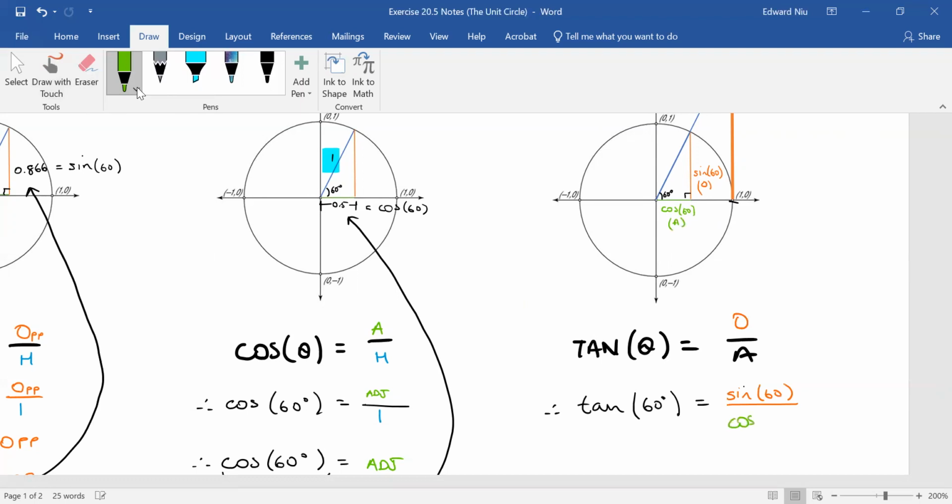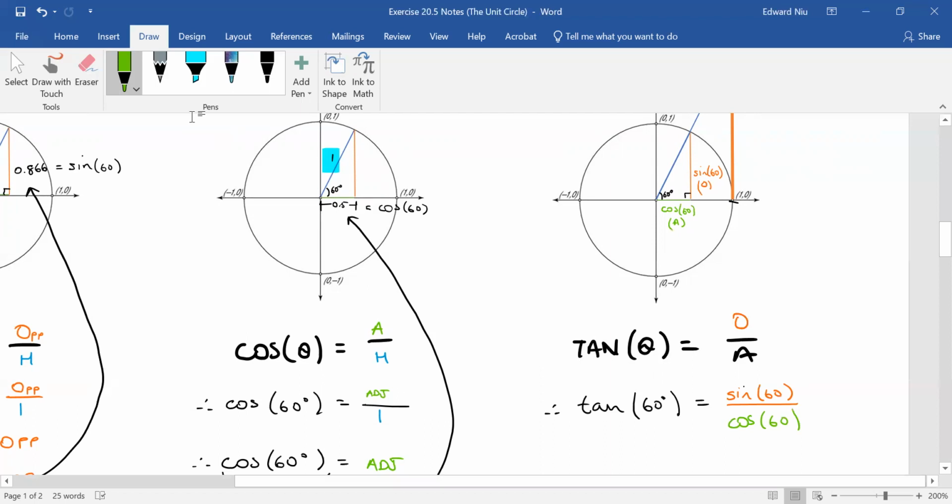All right, and then all you have to do is plug these into your calculator. So let's see what we get. Oops, that's the wrong button. Sine 60, or you could input 0.866, divided by cosine 60.